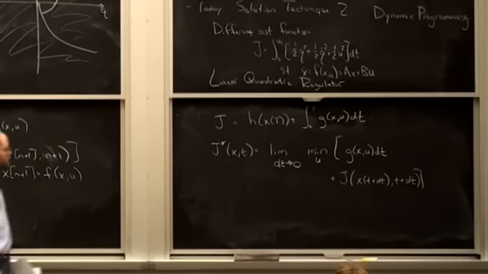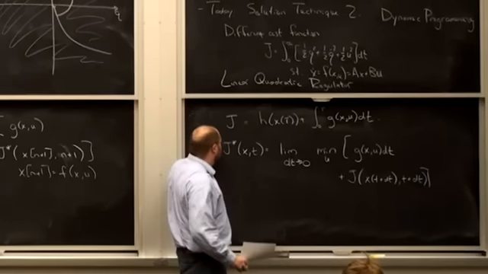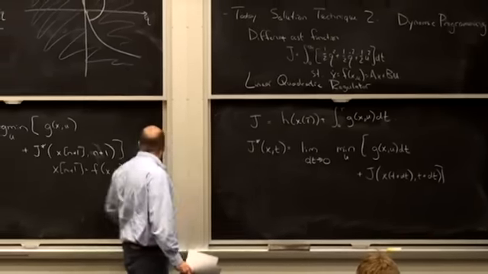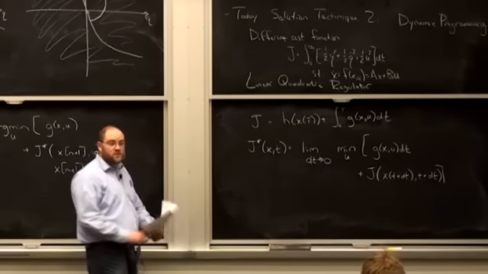Okay? That's just the limiting argument as dt goes to 0 of the same recursive statement.